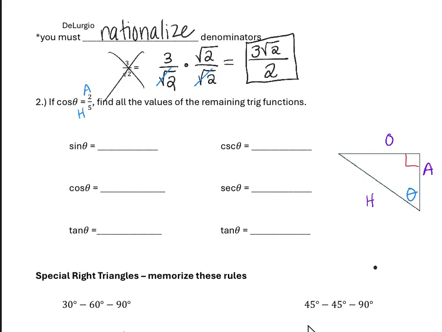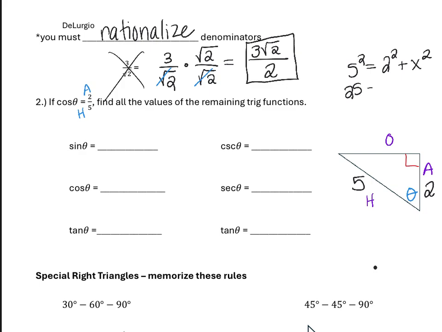We know that cosine is adjacent over hypotenuse, and because they told us it was 2/5, the adjacent side is 2, the hypotenuse is 5. How do I find the opposite side? Pythagorean theorem. Okay, hypotenuse squared, so 5 squared is equal to 2 squared plus that missing side, whatever variable you want to give it.